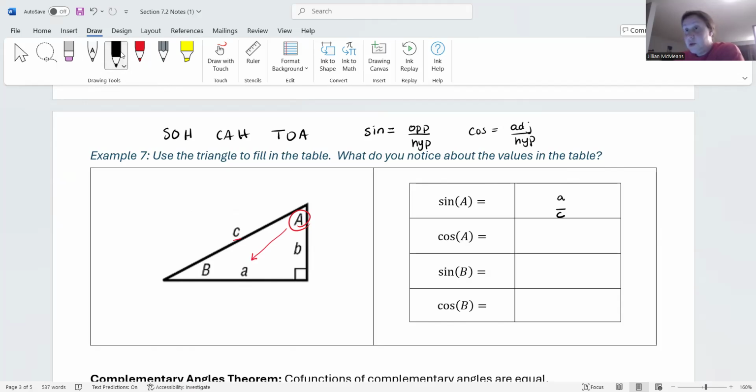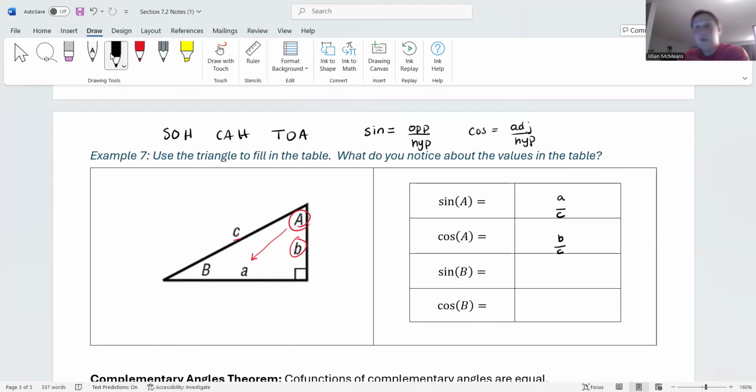Now, if we're dealing with cosine of big A, then the side adjacent to big A is little b. Knowing that cosine is adjacent over hypotenuse, we would have little b over c.